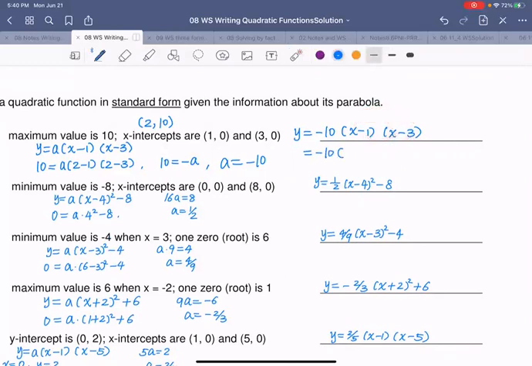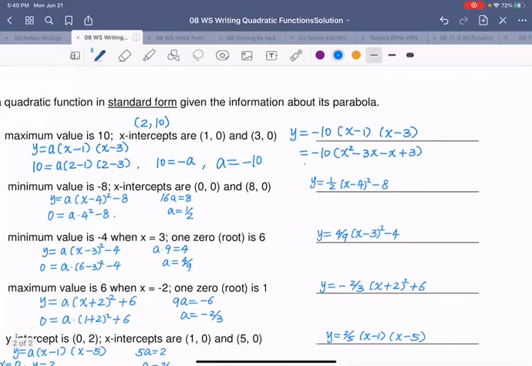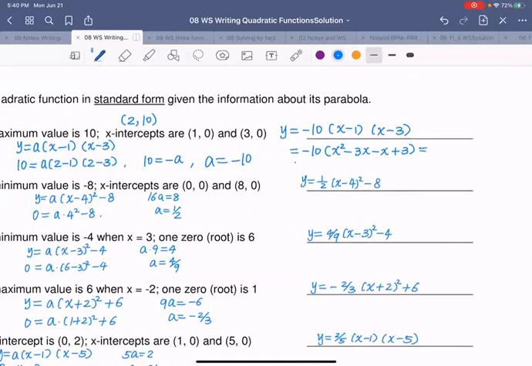Go ahead, Helen. x squared minus 3x minus x plus 3. Equals negative 10x squared minus 4x plus 3, correct?